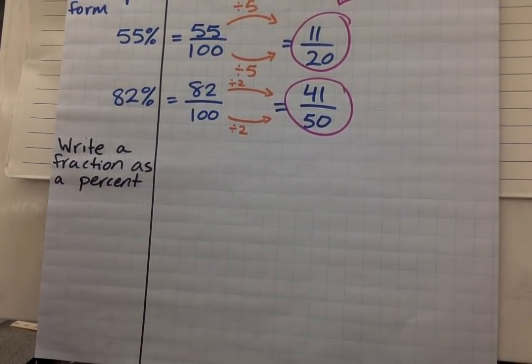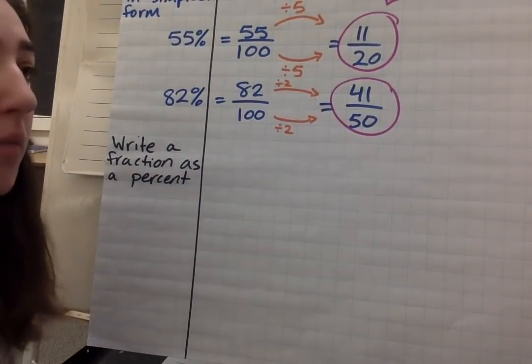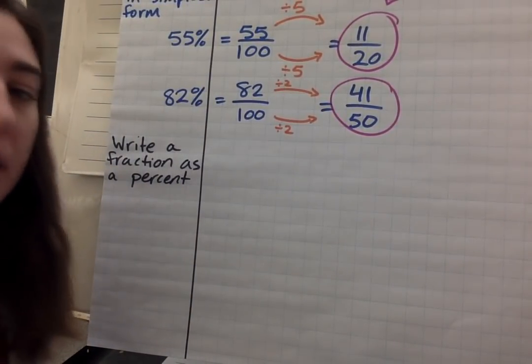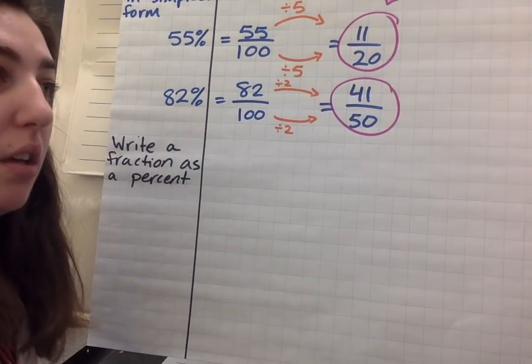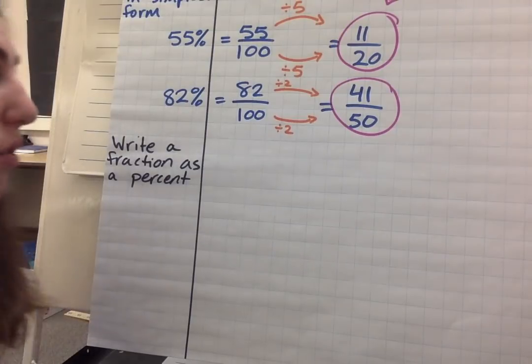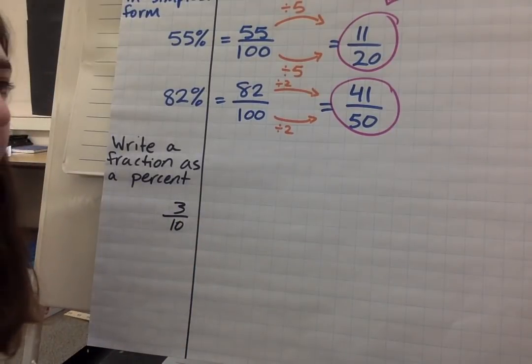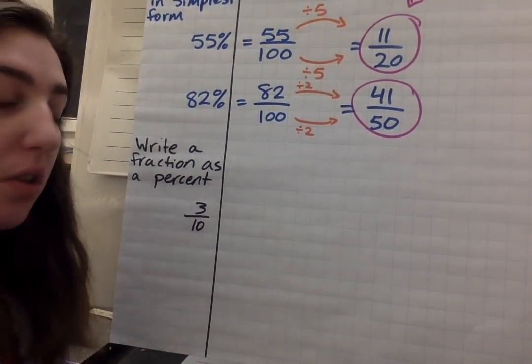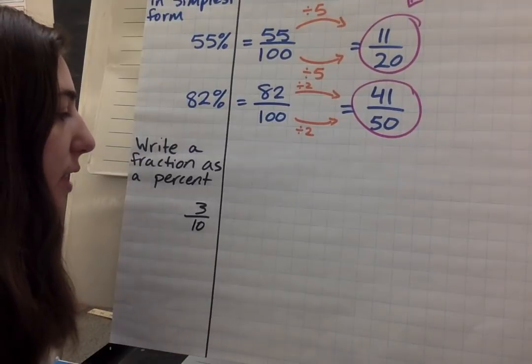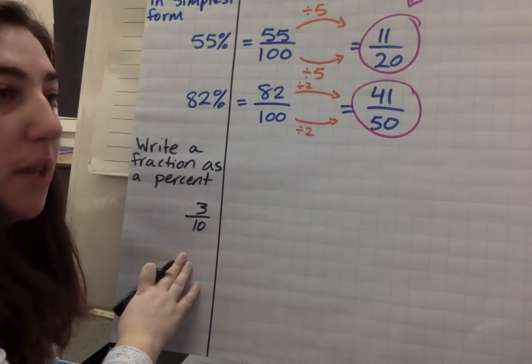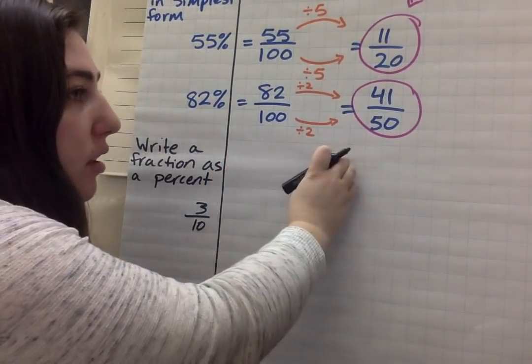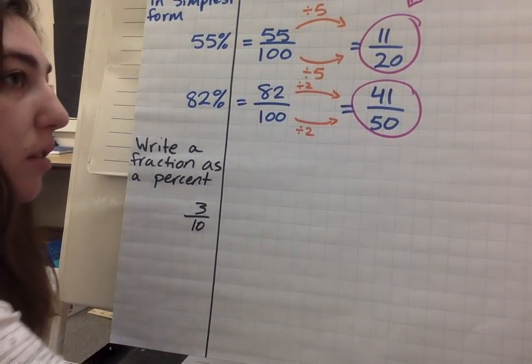So, let's use the example 3/10. Okay, so let's put 3/10 over here. First, we're just going to rewrite our fraction on this side. Oh, before we get to that though, let's write at the top here what we really want.